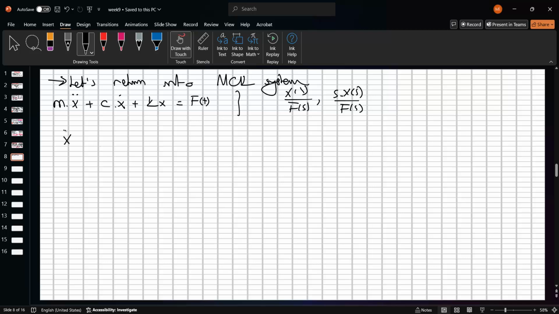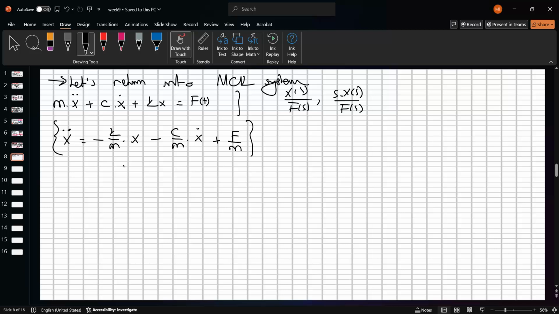The x double dot is equal to minus k divided by m x minus c divided by m x dot plus f divided by m. Our equation of motion turns into this one, which is simply the reorganization of these terms.